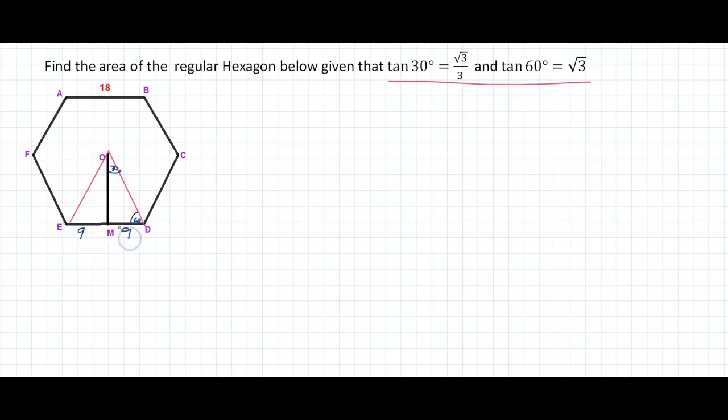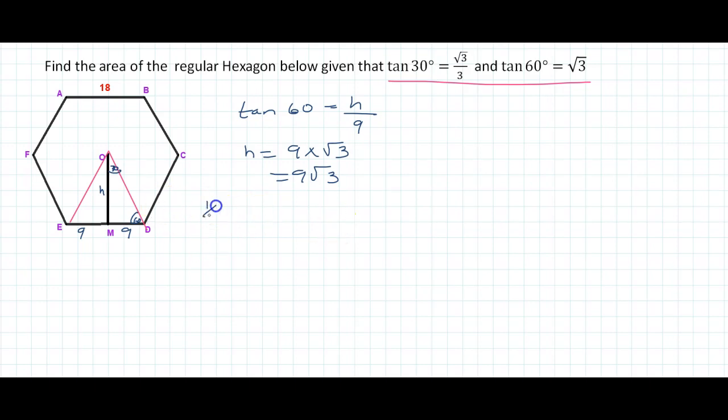We want to find this, let's call it h. How do we get that? We're going to use tan. Tan 60 is equal to opposite over adjacent, and tan 60 is the square root of 3, so h is equal to 9 multiplied by square root of 3, which is 9 square root of 3. And so I'm going to show you that we're going to apply 2 different methods here.